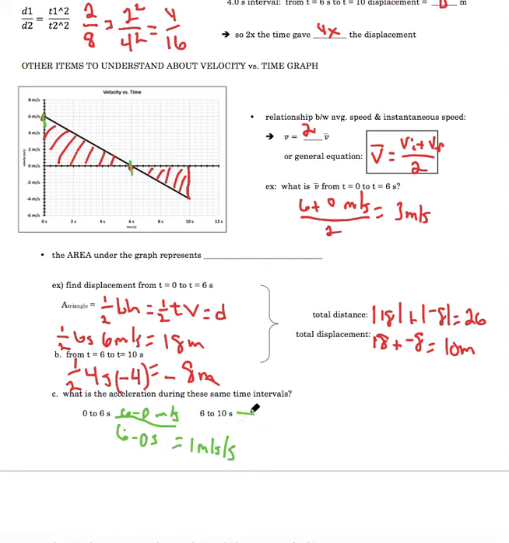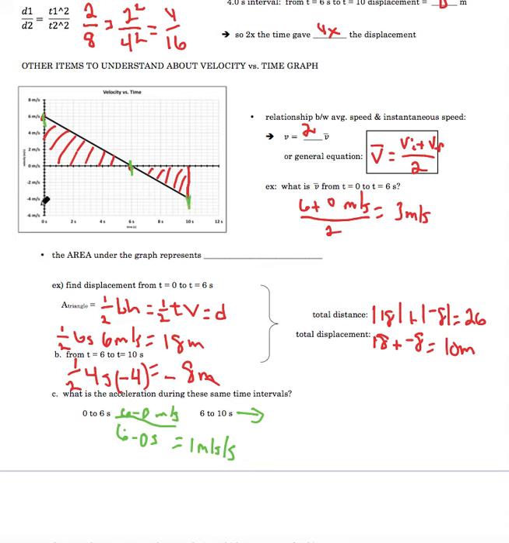How about this time interval? Well, I'm hoping you're anticipating what the answer is, because if you notice from here to here, the slope of the line has not changed. So it's the same acceleration, even though we are slowing down here, and then we're gaining speed from 6 to 10. But let's verify. So I'm going to go from the end point to the beginning point.